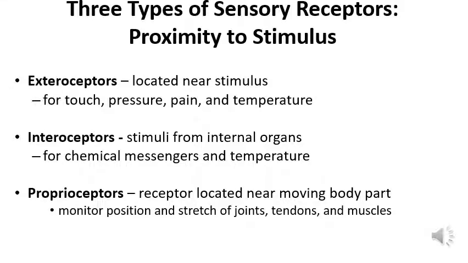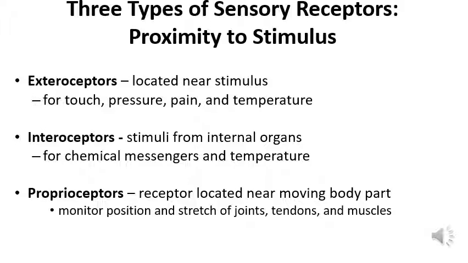So the next two slides added to the previous slide are critical in terms of being able to identify and characterize the specific types of sensory receptors you might encounter when looking at the human nervous system. These three slides, number 3, number 4, and number 5 of this presentation are going to be critical for you to know. Okay, so our next way of categorizing sensory receptors is proximity to stimulus.